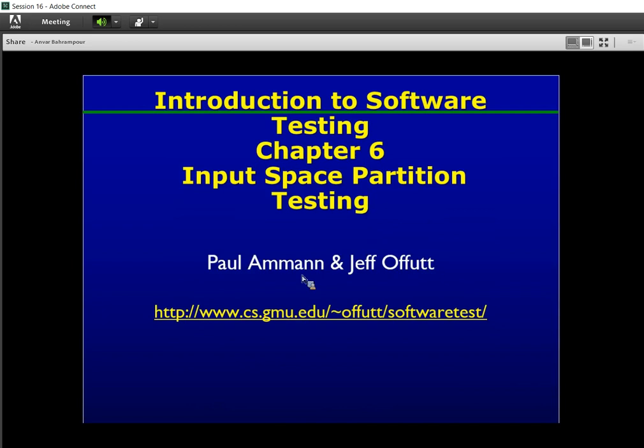As you remember, in the last lecture, I talked about the input space partitioning techniques to design test sets from chapter 6 of the Introduction to Software Testing textbook.